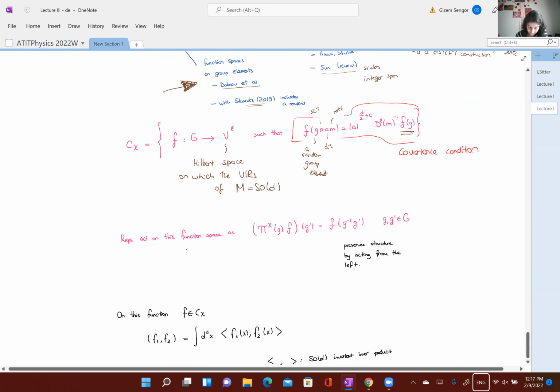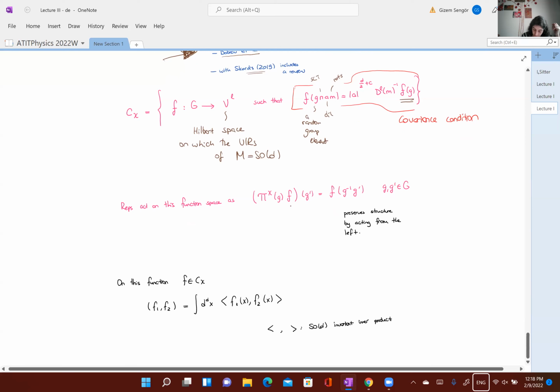The homomorphism in this case is that you act on the functions from the left with the inverse, and you can show that this also preserves structure. Remember, in the rotations we were adding things, so in this case this is the homomorphism that works.